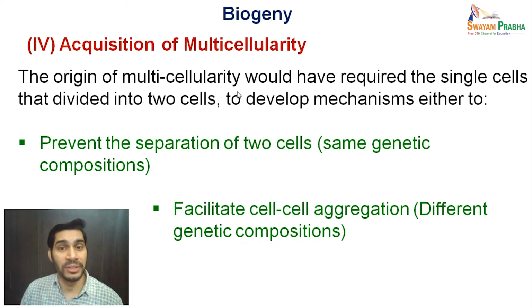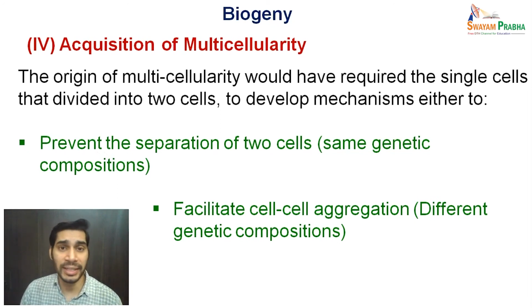The origin of multicellularity would have required single cells that divided into two cells to develop mechanisms. So just imagine a cell has divided into two. There are two possibilities that led to eukaryotic multicellularity. The first possibility is a prevention of separation of the two cells after division. The two cells of the same genetic material remain attached to each other, and so they can give rise to multicellularity.